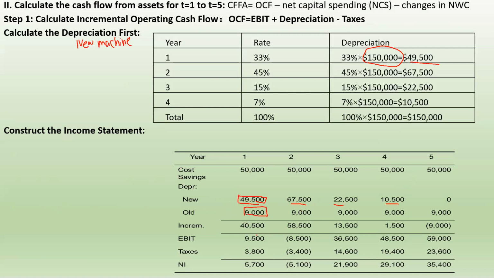And the earnings before interest and taxes will be the cost saving minus the incremental depreciation. So we get this line. And we have to pay tax, and if it's negative, that's a tax credit. And then finally, we can find the net income. So those are the incremental net incomes over the next 5 years.